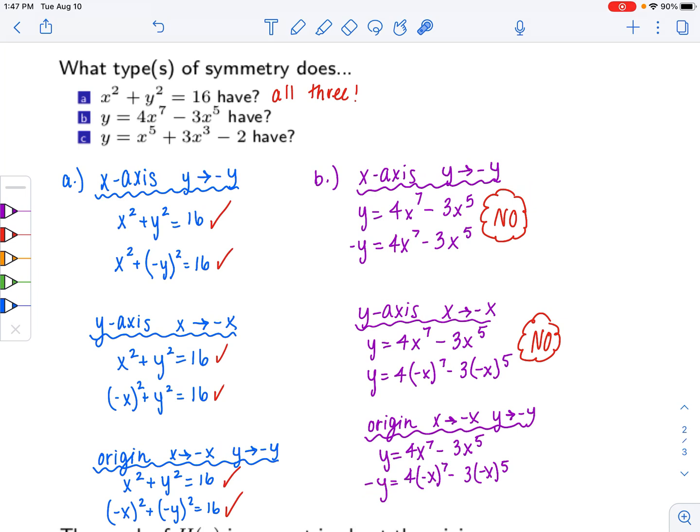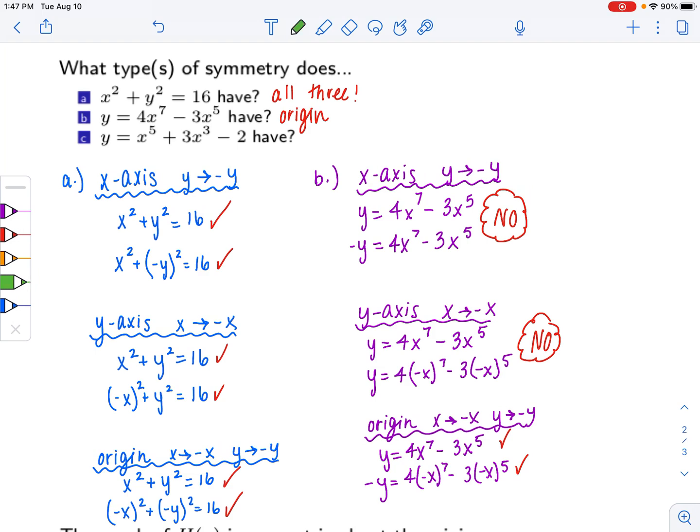But this negative and these negatives can cancel and give us the top. So in reality, these actually are the same. And you can try by plugging in a value. It is definitely true. Those double negatives will cancel out. So for problem B, it's just the origin.